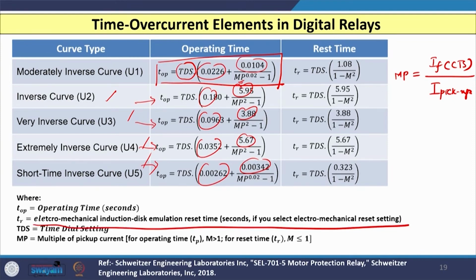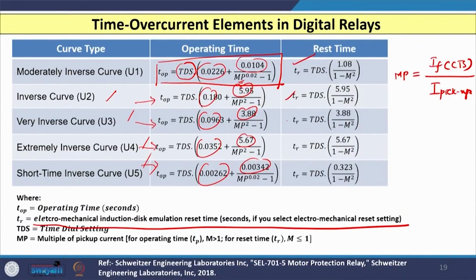Particularly, we know that when the disk of the electromechanical relay comes to the original position from its fully operated state, then that time is known as reset time, and for each curve the equation of reset time is different, and you can easily calculate it, where in the equation of TR, the value of M you can select based on this, right.